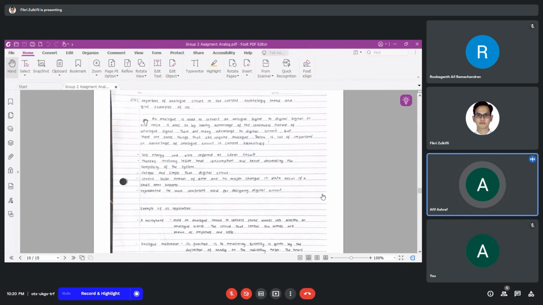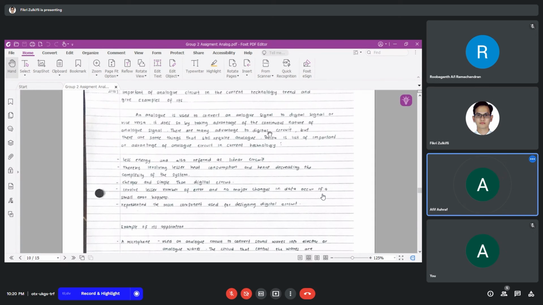Importance of analog circuits in the current technology trend, and give examples of it. Analog is used to convert the analog signal to digital signal, or vice versa. It does so by taking advantage of the continuous nature of analog signals. There are many advantages to digital circuits, but there are some things that still require analog.